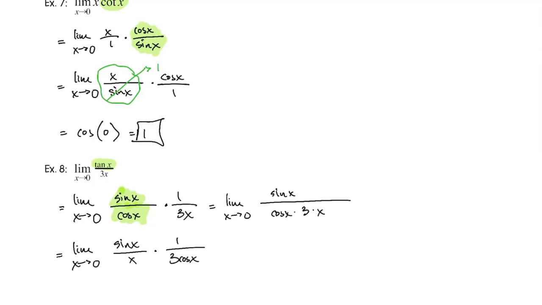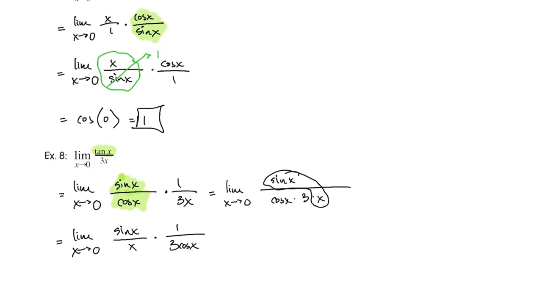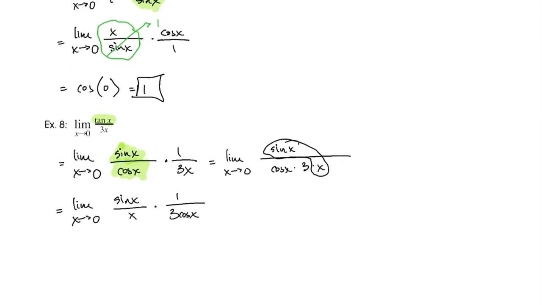So I can just say, let me grab these two, sine x over x. I'm going to write that as one fraction. And then I'm going to separately write the other one as another fraction. Okay. So because we're multiplying here, we are allowed to do that. And now we can say, hey, I know this sine x over x goes to 1. So really, I'm concerned about the limit as x approaches 0 of 1 over 3 cosine x.